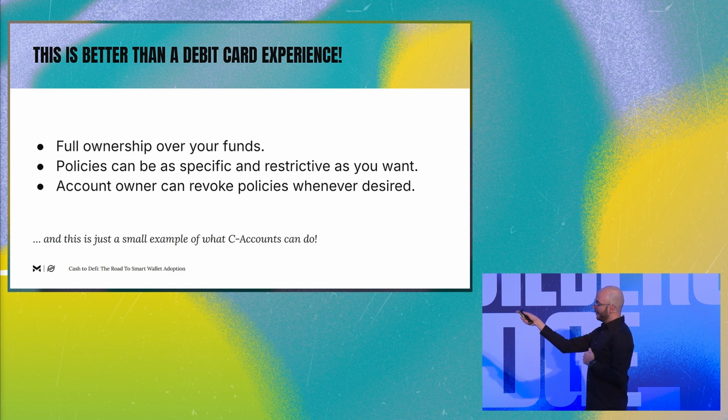And then the last point, the account owner revoking policies is really interesting because it means at the end of the day, depending on how you build this, all the policies are actually described in your contract, and you can see what each signer can do in your account. So that means you remember that service that you subscribed to years ago, they're still debiting on your card, you completely forgot about that, and then you come back and realize, hey, they've been doing something here, I forgot to cancel this.